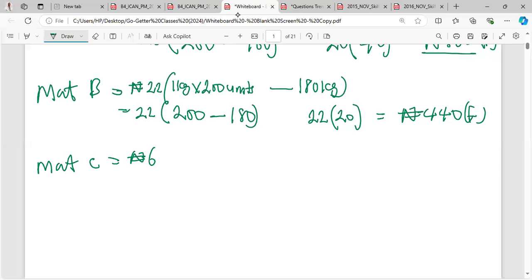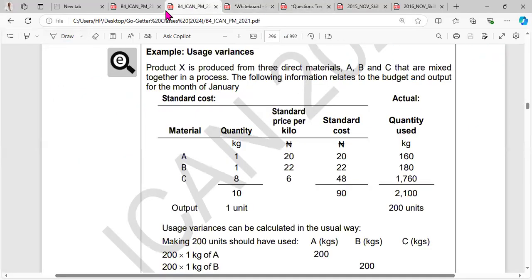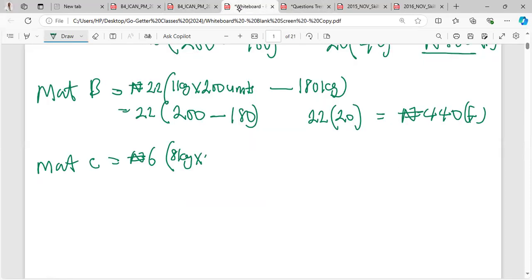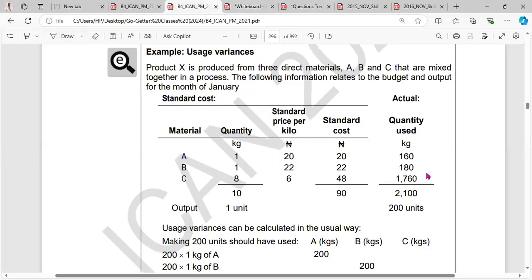How many was used? 8 kg was used. Yes, that's 8 kg. And we did 200 units. So 8 kg times 200 units. Now, minus how many was the actual quantity used? 1,760 kg.